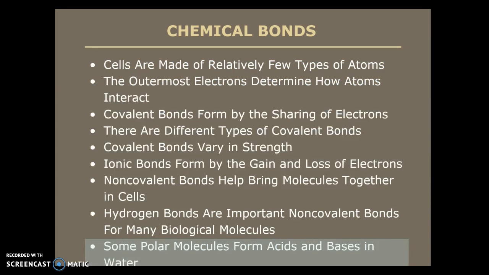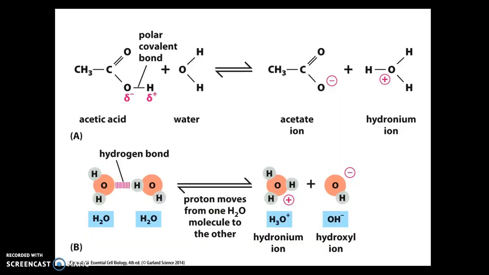So some polar molecules are able to form acids and bases, and this is going to end up playing a big role in how amino acids behave in an aqueous solution.